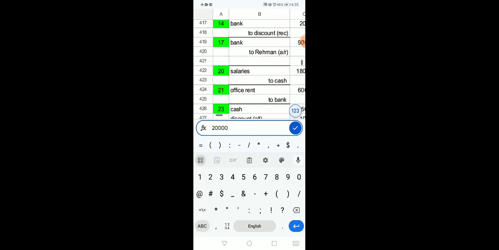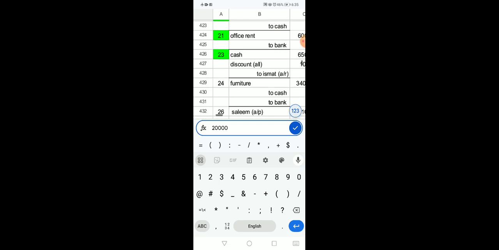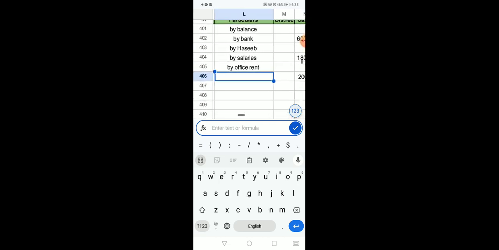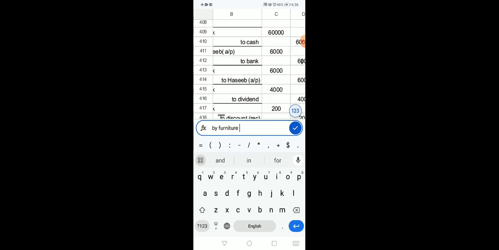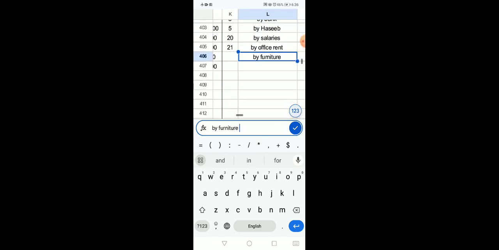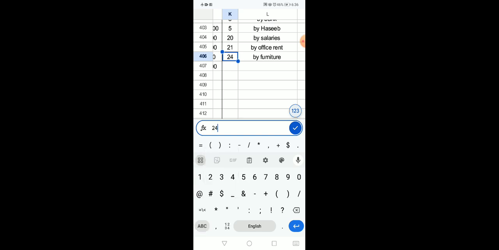Now see its reference, which is furniture. Furniture is written on the opposite side of the cash, so you will mention here furniture as your reference. Now see the date, which is 24, so you will be putting 24 in date column.